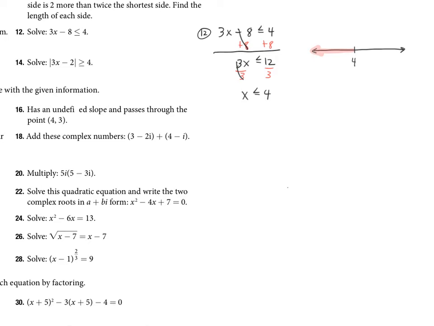And since it has an equal to sign under it, you're going to have a bracket. That's the graph. For the interval notation, remember it's left to right. The leftmost value, it goes forever to the left, is negative infinity, that gets a parenthesis. The rightmost value is 4, that gets a bracket.